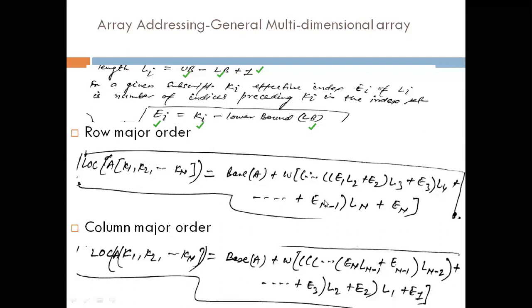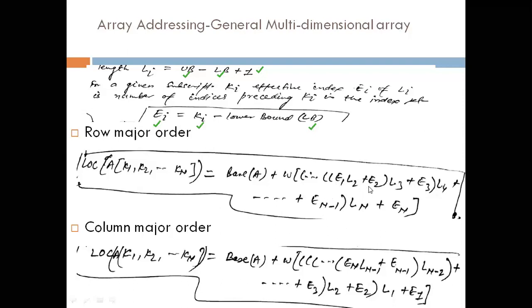You can remember easily: this is in increasing order, 1 2, then 2 3, 3 4 and so on, Ln minus 1, Ln, at last En. Here also you can see the similarity, E then L, E then L, E then L. I'm just saying this to remember it, because it is needed when you want to compute.